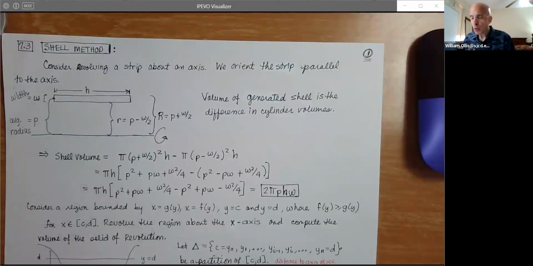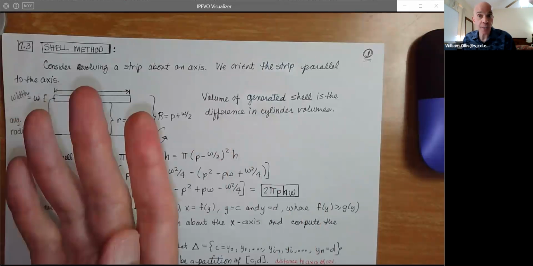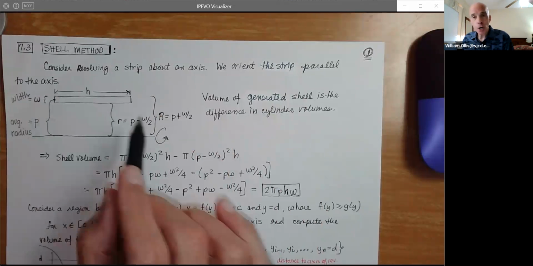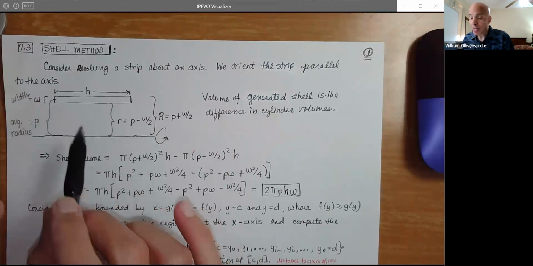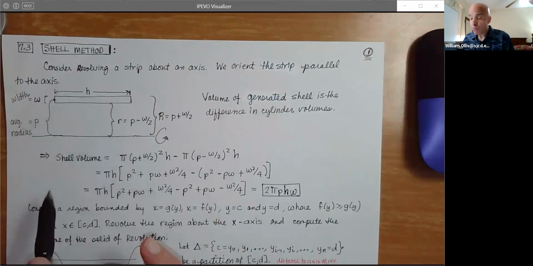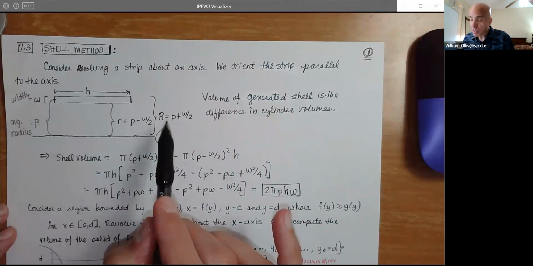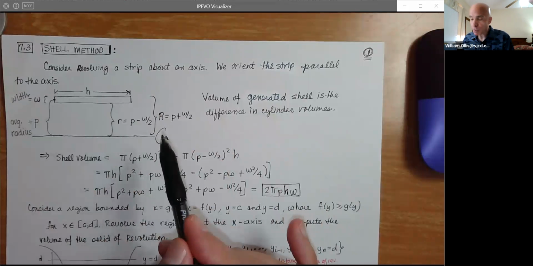And so you're thinking, I know the volume of a cylinder, that's pi r squared h. So that's something I learned in high school geometry, and I could use the disc method to prove that. So what his derivation provides is that you actually take the difference between two cylinder volumes. So when we look at this, we're thinking like we're doing a disc method.